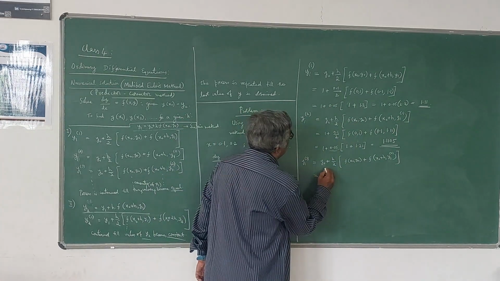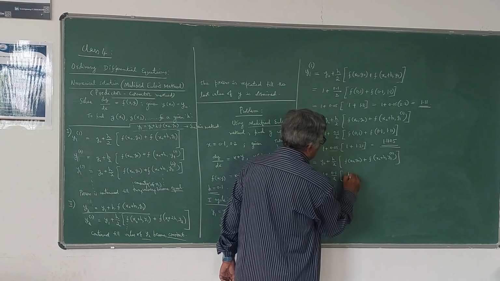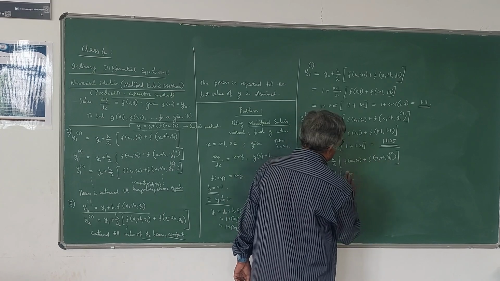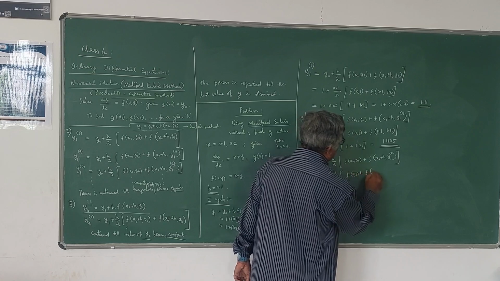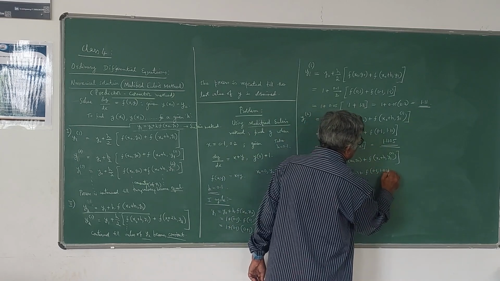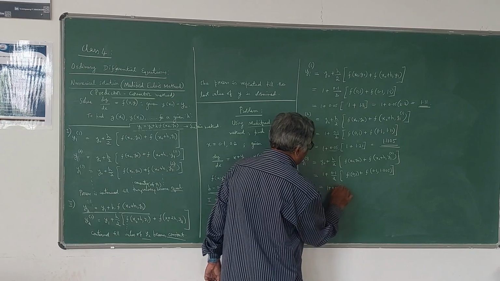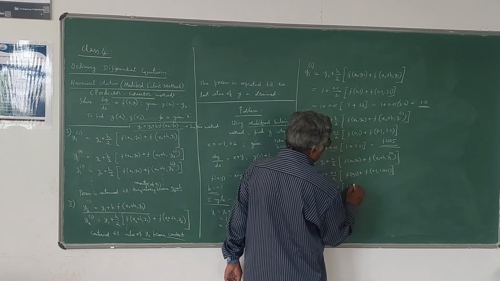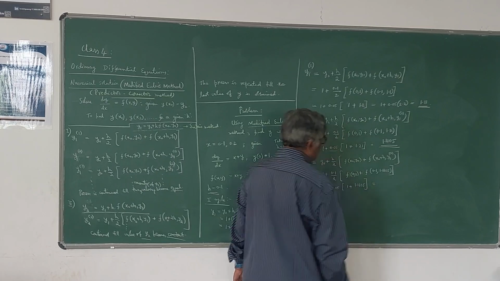So that is 1 plus 0.1 by 2 into the first value, which is the same, 1 only, plus f of 0.1 comma 1.1105. Now if you simplify this, 1 plus 0.05 into 1 plus this, we have to add, 1.2105. Now just simplify this.